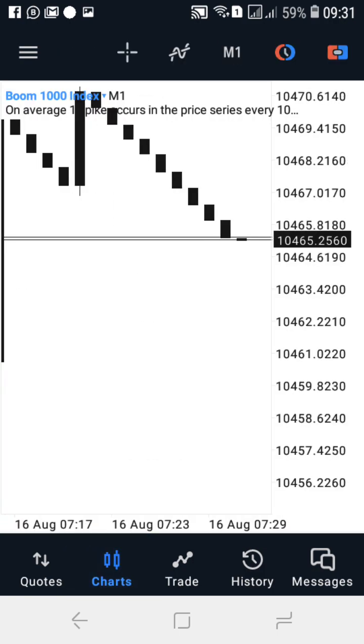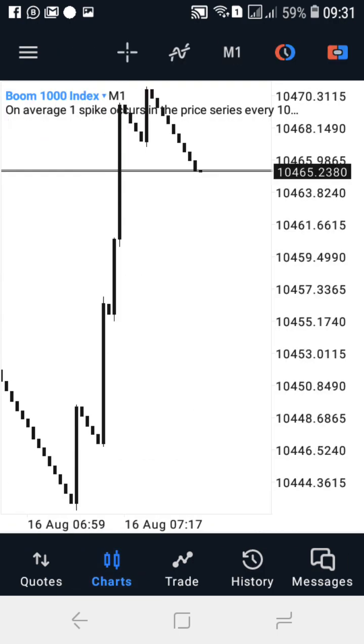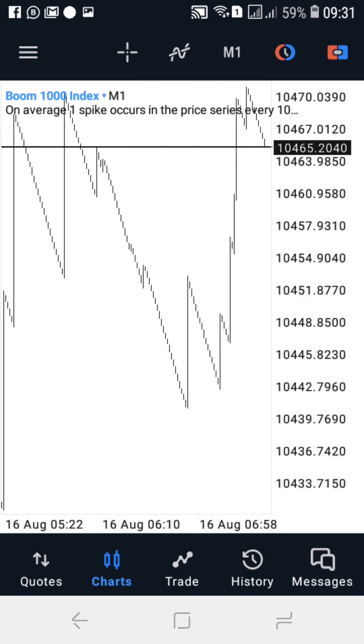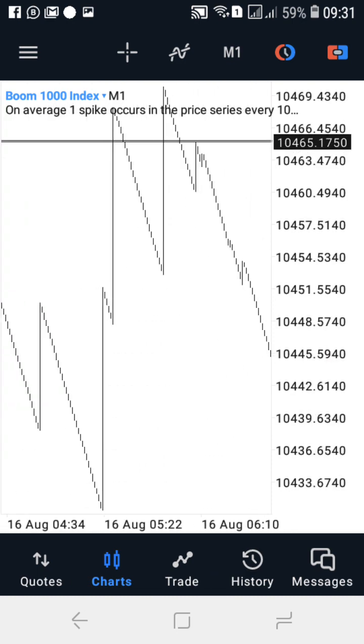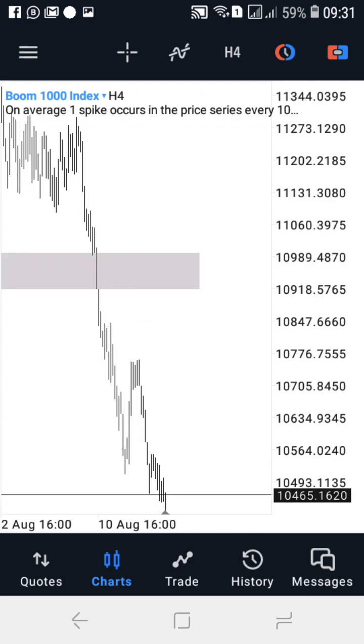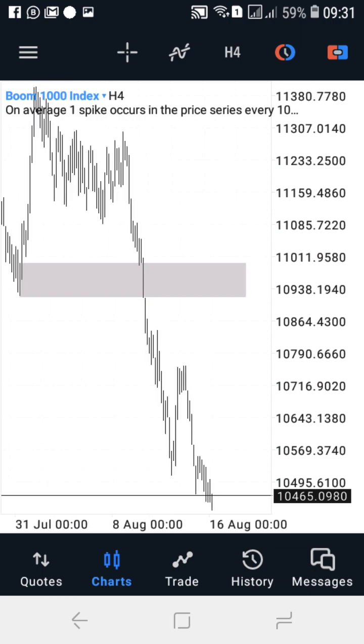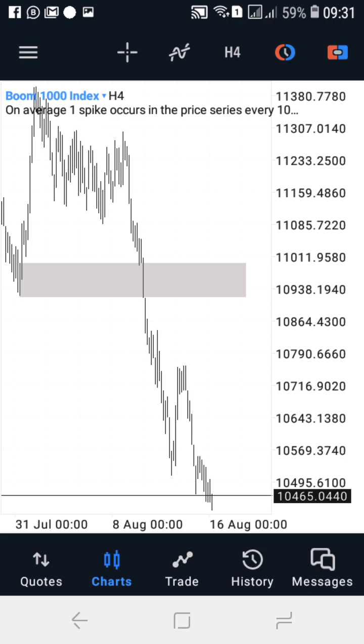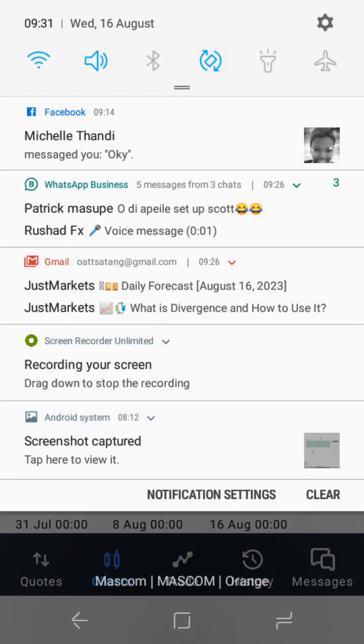We are looking at the volatility now. We have a potential breaker block above.